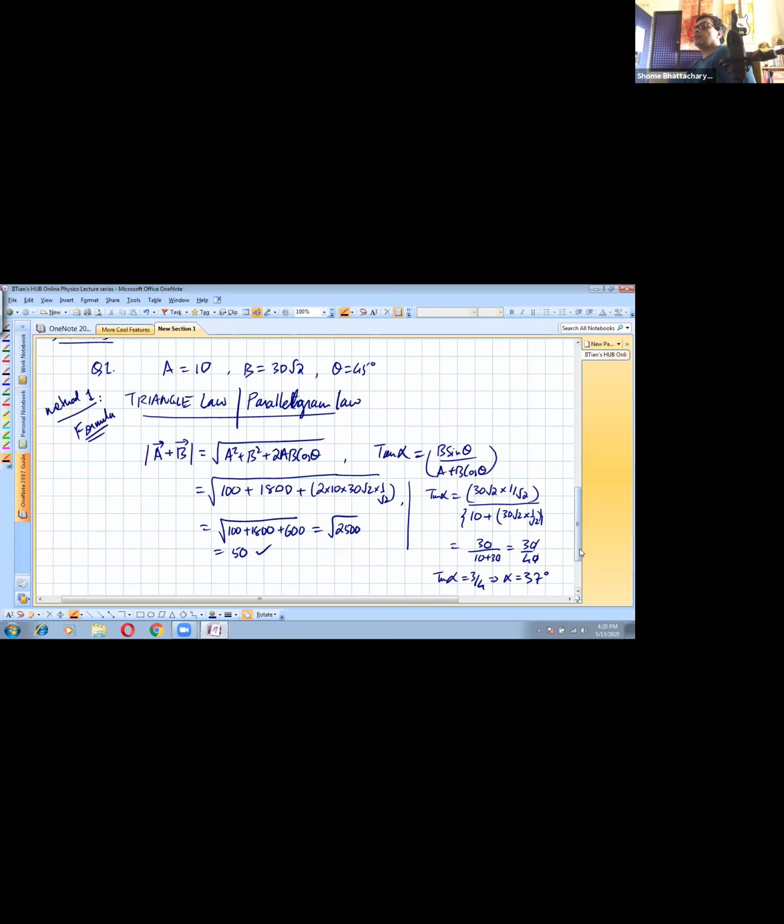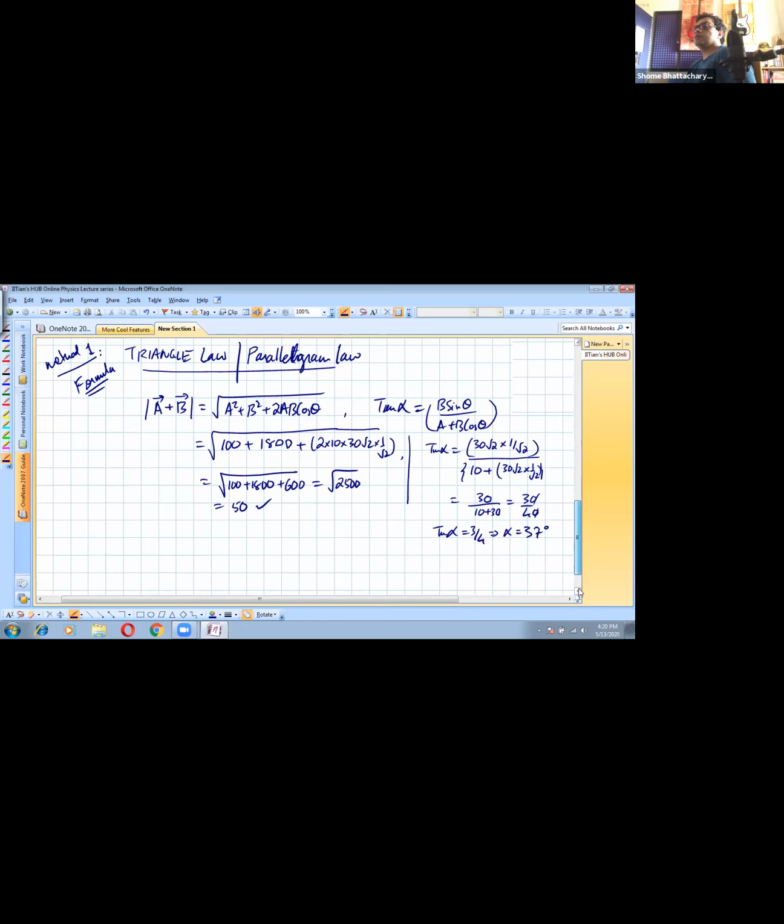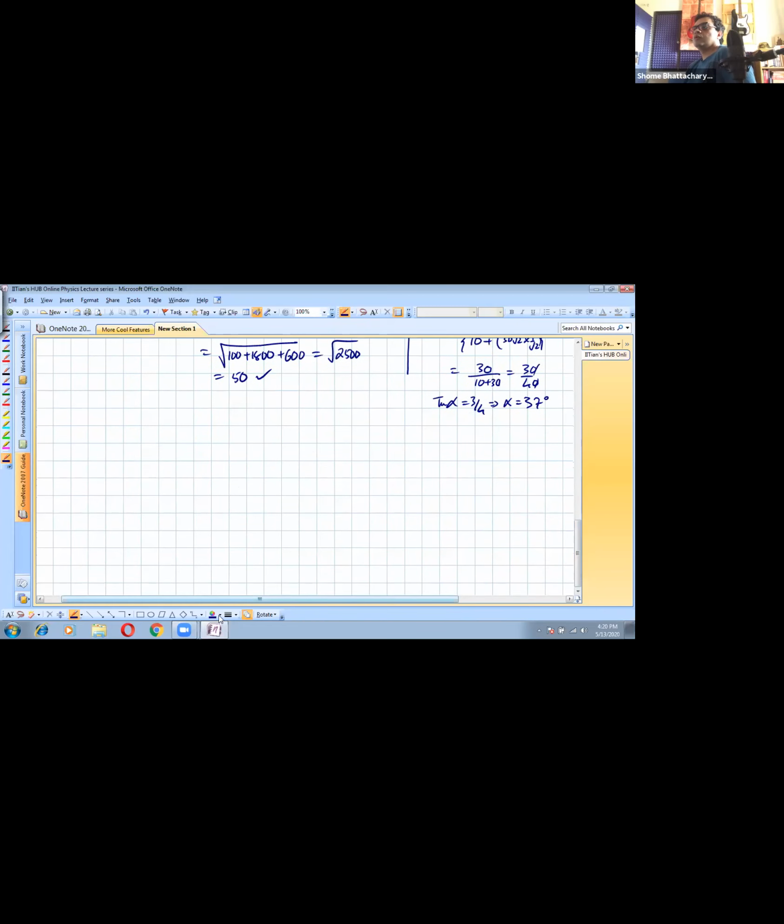You can also see the corresponding geometrical solution, how this would look like. If you were to solve this geometrically, this is how your vector A looks, and if you were drawing a triangle, the vector B you draw from here, something like this. So this is of magnitude 10, this is of magnitude 30 root 2.